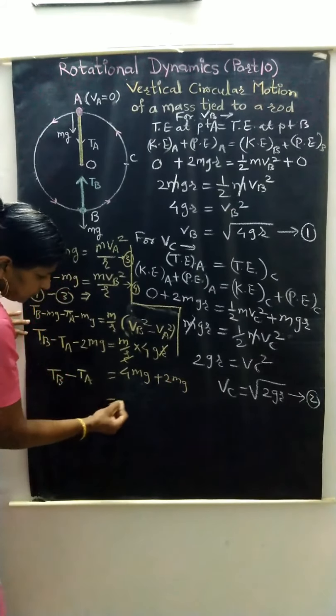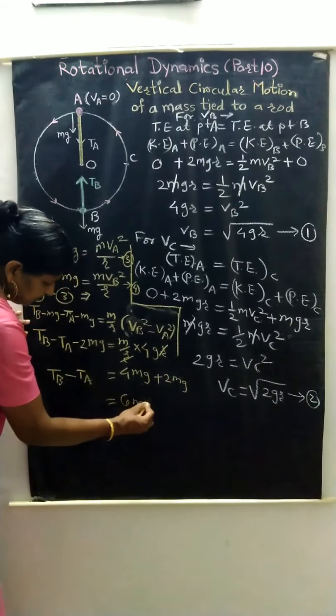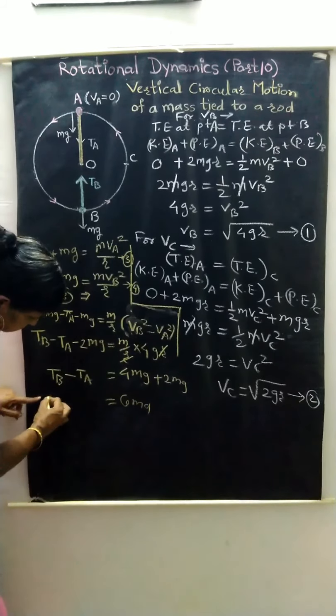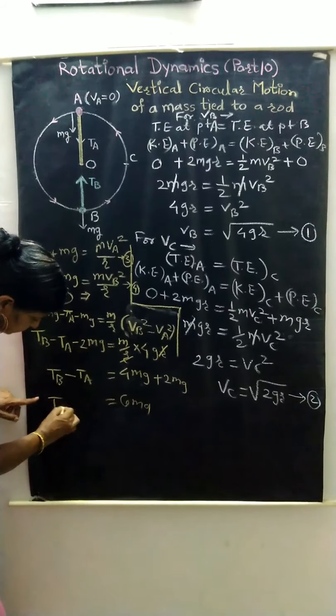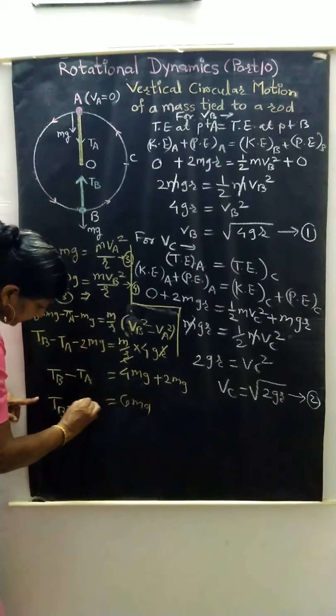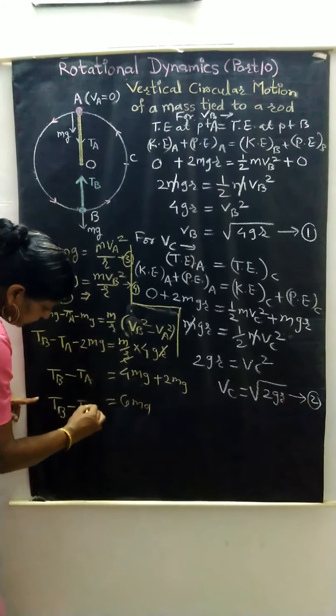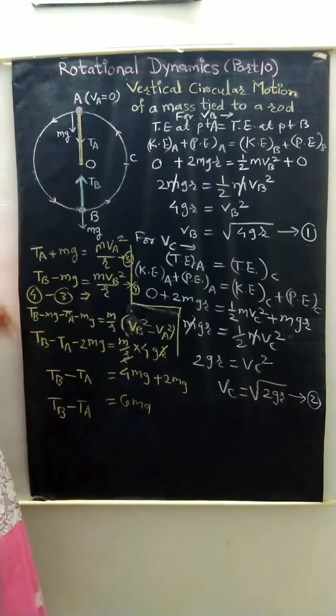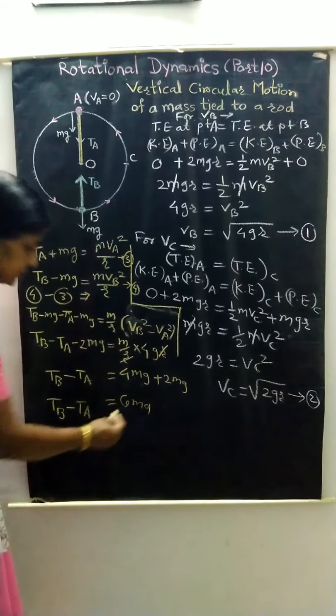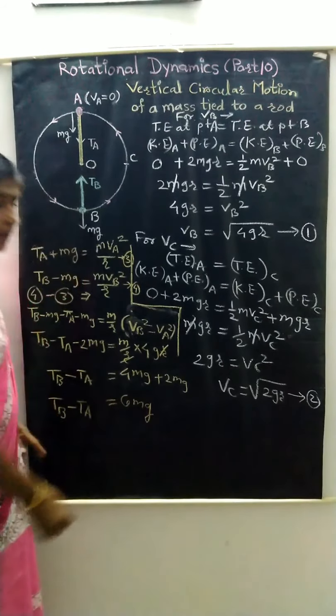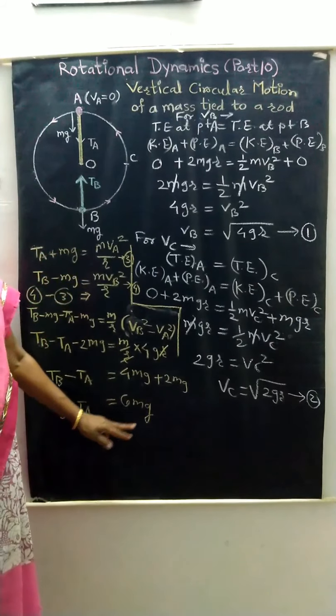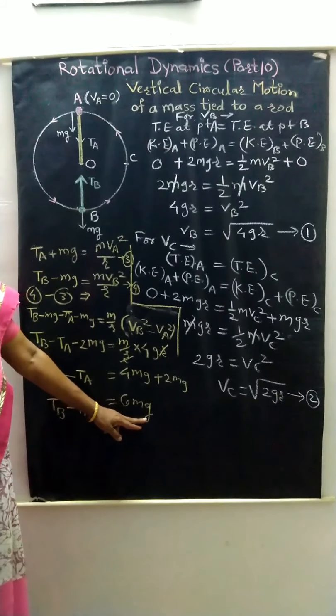Hence it will give us 6mg. That is, the difference in tension at the bottom point and at the top point again comes out to be 6 times mg, 6 times the weight of the body.